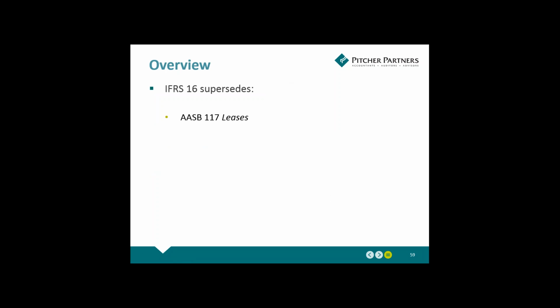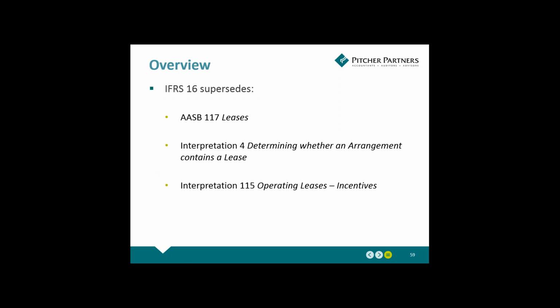IFRS 16 supersedes, in Australia, AASB 117 and Interpretation 4. Interpretation 4, which has a lot of guidance around determining whether an arrangement contains a lease, is now embedded in IFRS 16 and it has changed. So we could potentially reach a different conclusion when we apply IFRS 16 from the conclusion we reached under IFRIC 4.